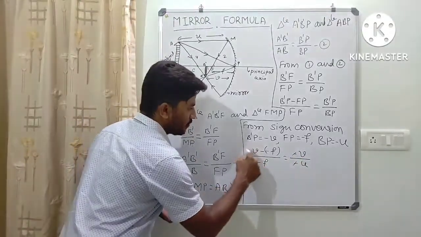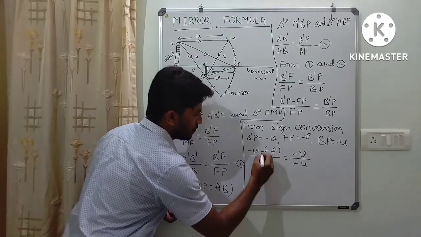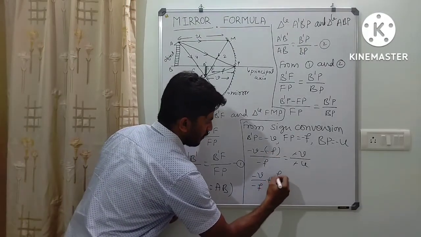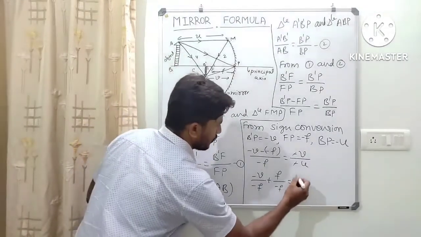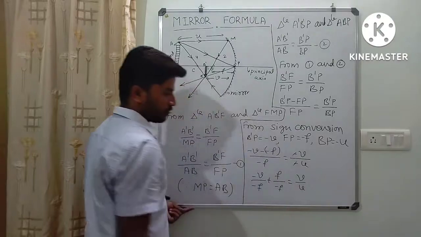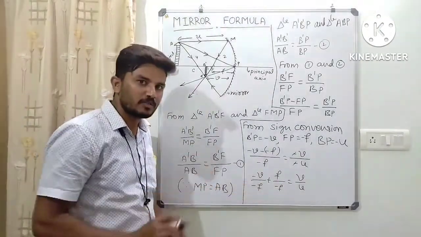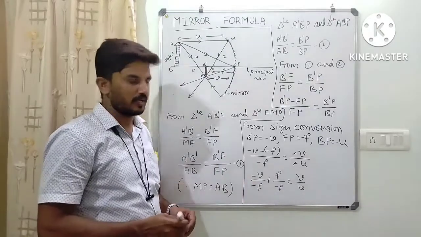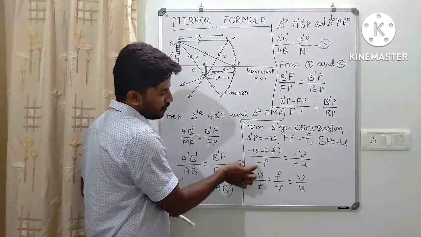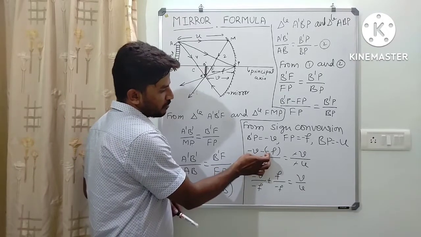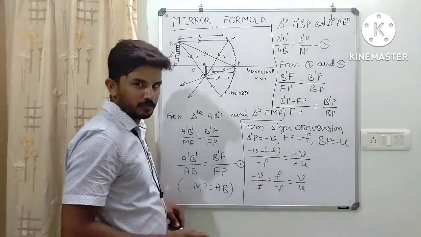Here we have minus V divided by minus F, minus into minus plus F divided by minus F is equal to V by U. You can solve this by your own method also, or you can follow the same thing.